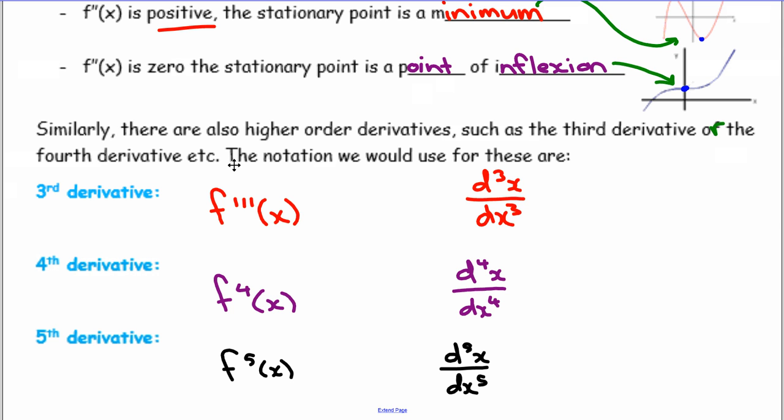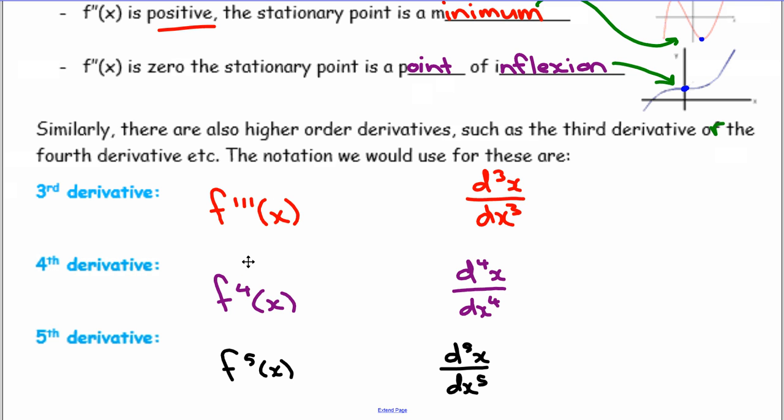Goes on and on. The notation we would use for these are, if it was a second derivative, f dash dash x, third would be f triple dash x, and it would be d3y over dx cubed if it was that notation. Fourth derivative, once we get beyond the third derivative, you don't want to be writing a ridiculous amount of dashes, so they just start to put the number 4 here instead.